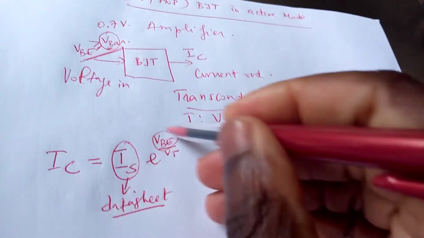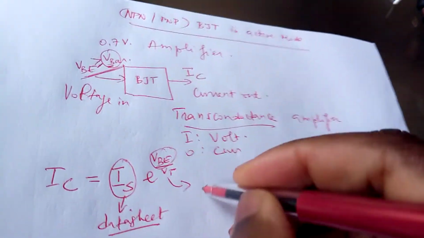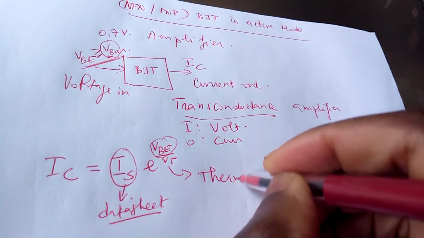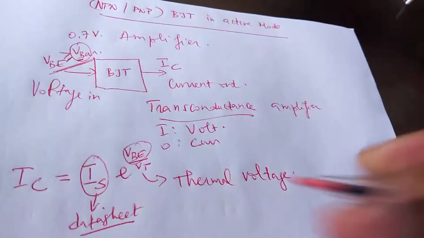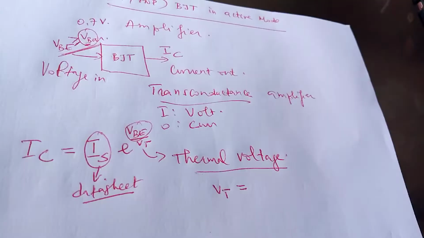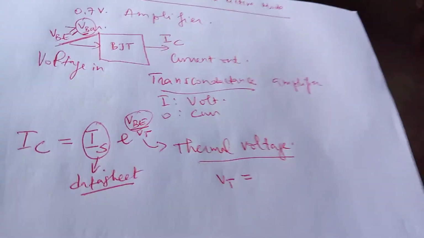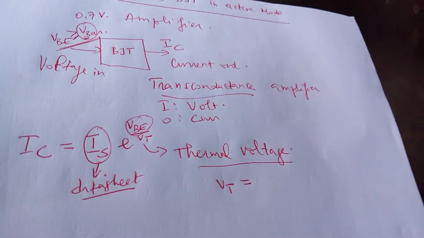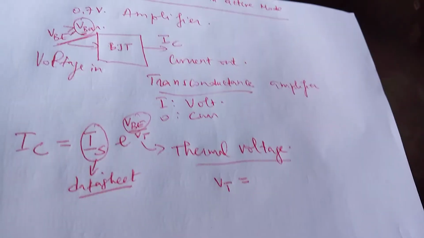Now, the other parameters: VBE, which you are familiar with, and VT. What is VT? This is thermal voltage. Once more, in electronics 1, you must have touched on thermal voltage. You define thermal voltage as the little voltage variation that happens in a transistor or in a diode, in a semiconductor in general, with a PN or NP junction, due to temperature.